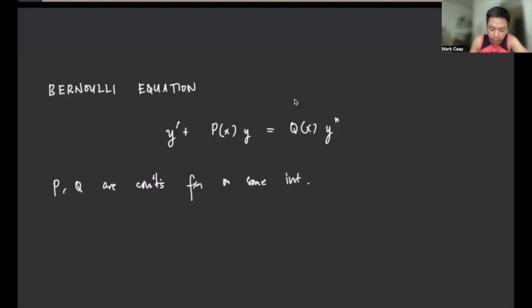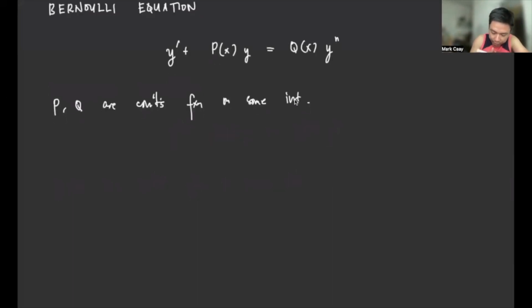So, anong mapapansin niyo? Let's suppose, for example, that your n here is a positive integer. Bakit ko nire-restrict into a positive integer? It's because when n is 0, our equation becomes y prime plus p of x y equals q of x.